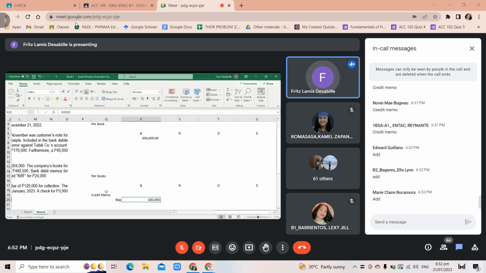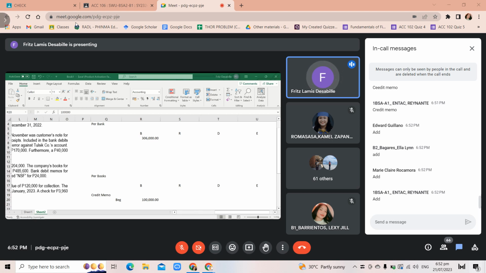Since it is a credit memo and it was added, as what I've discussed last time, since it is a beginning recon item, usually recon items are adjusted in the next month. Since we are doing a recon in December and it is a November recon item, na-adjust ni siya sa December.